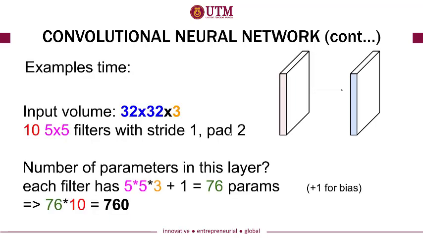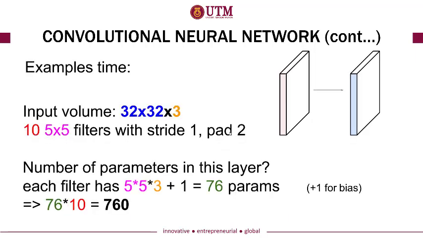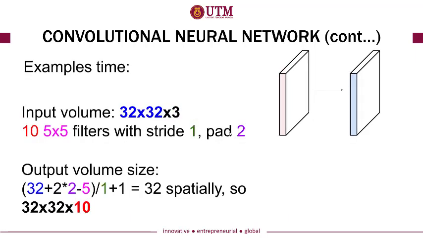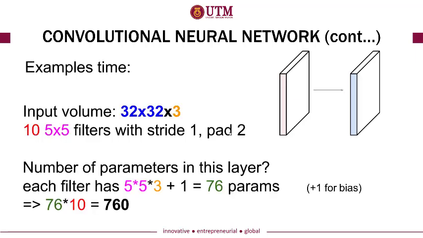Okay, how about calculating the, okay, it's 10 times 10. That is the volume size or the matrix size of the output image. And then how to calculate the number of parameters in this layer.